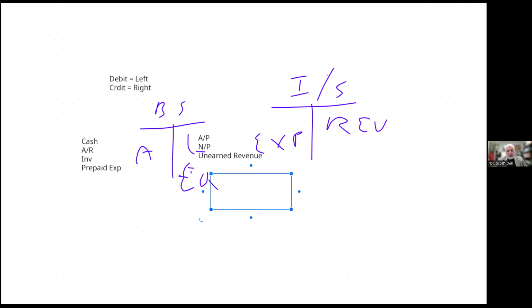So when we look at this, we say we've got things: assets, liabilities, equity. Let's have an initial investment of $20,000 into the business. We'll attract some capital.